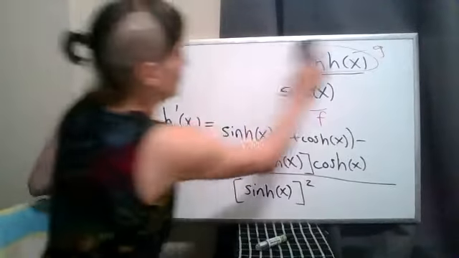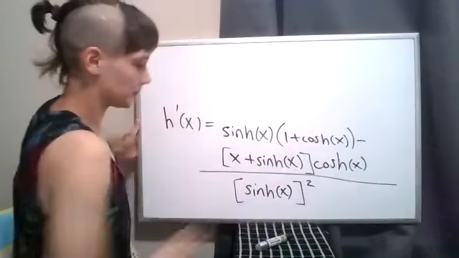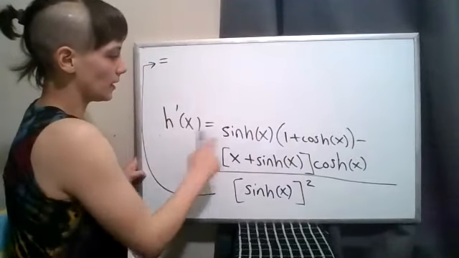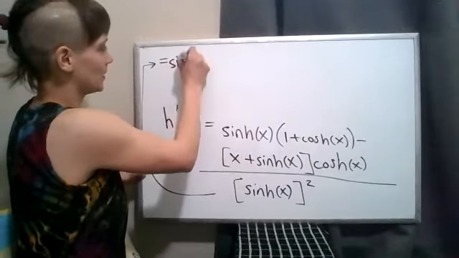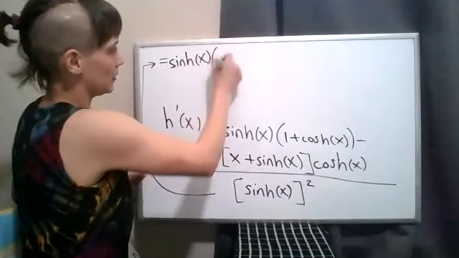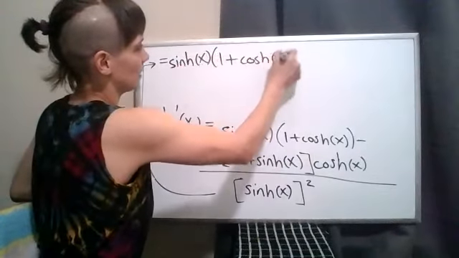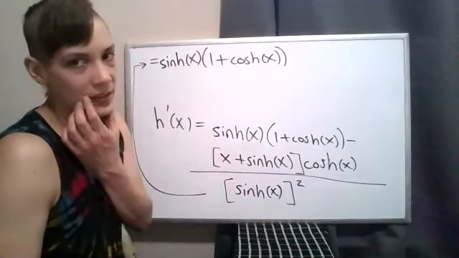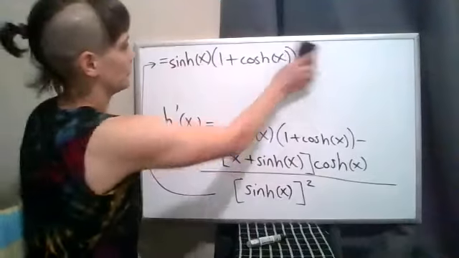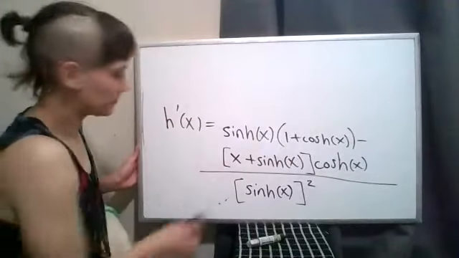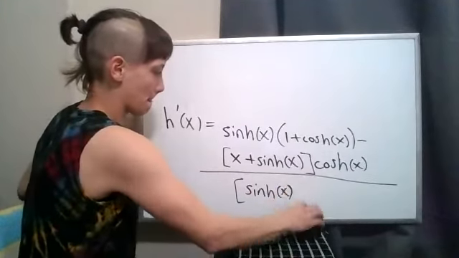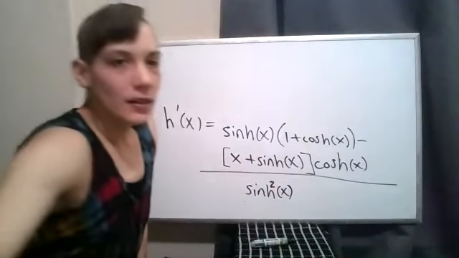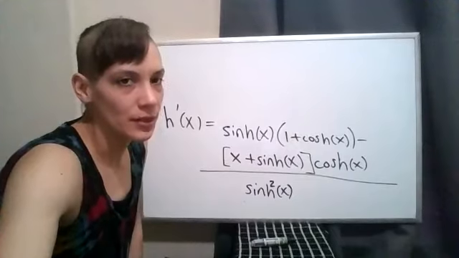So your derivative looks like sinh of x times 1 plus cosh of x. I'm not going to super simplify it. You know what? Let's just start a new problem. Okay, but in your test, you do want to fully simplify your answer.